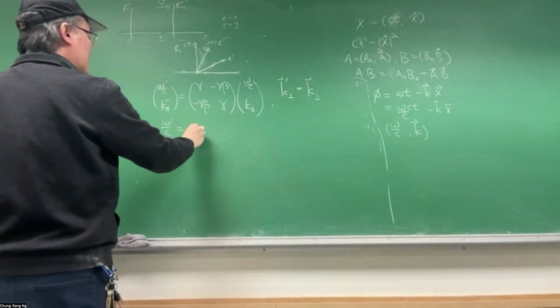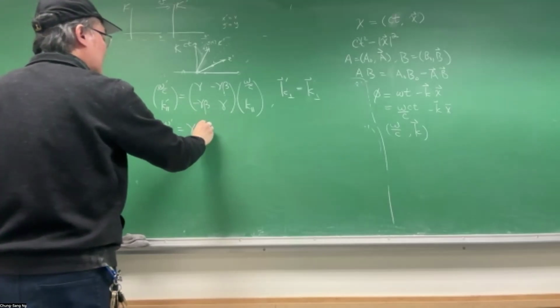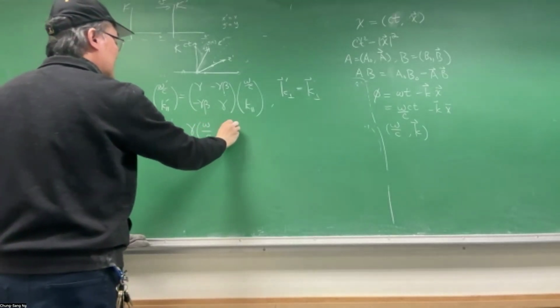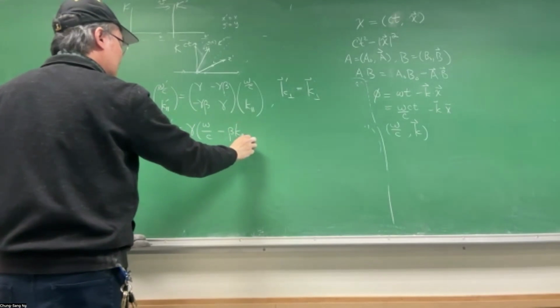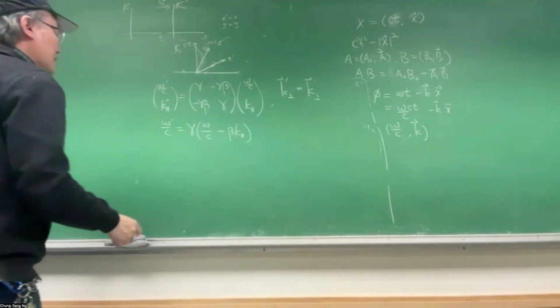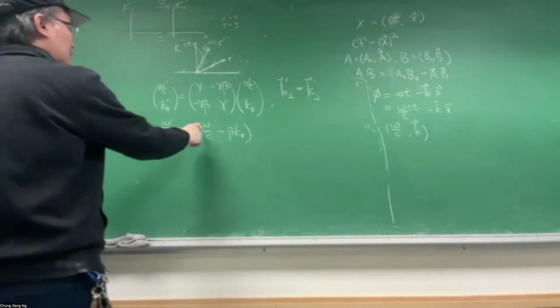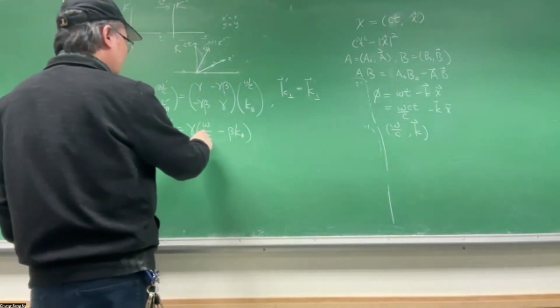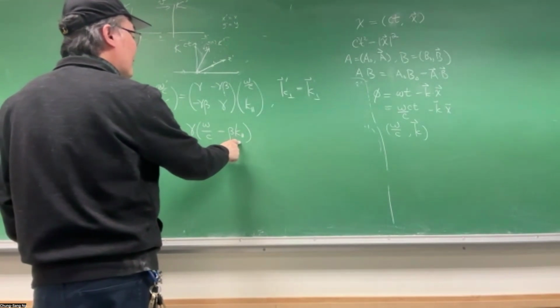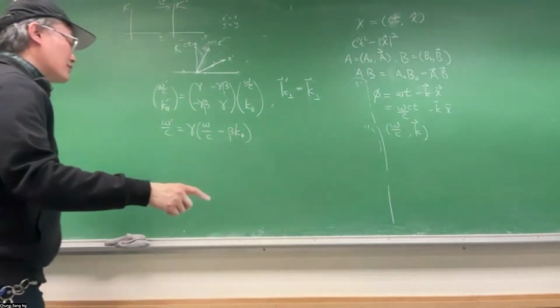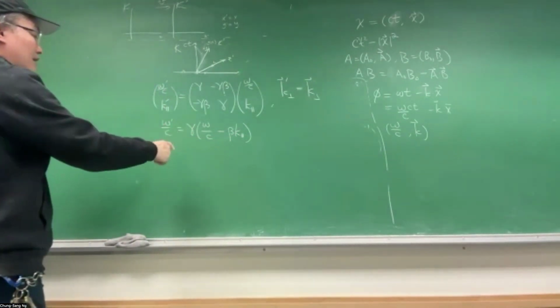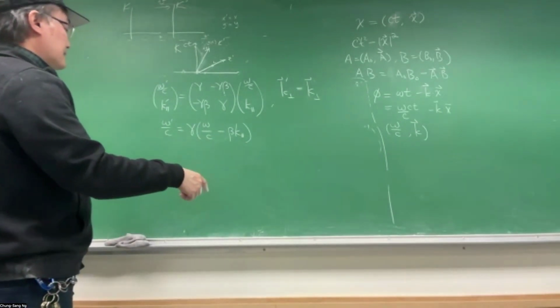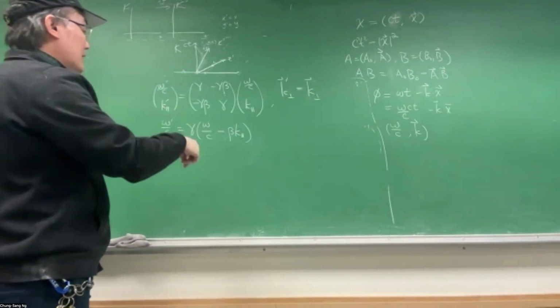Omega over C minus K parallel. To get the Doppler effect, what you only need is the dispersion relation, because you have the frequency here, you have a wave number here. You need the relationship between wave number and the frequency.